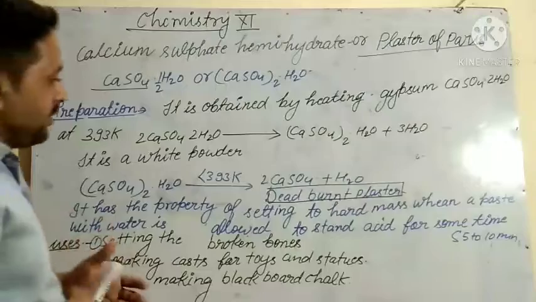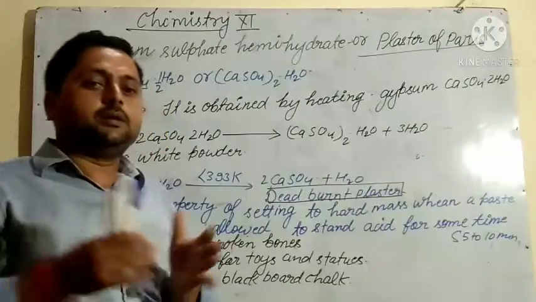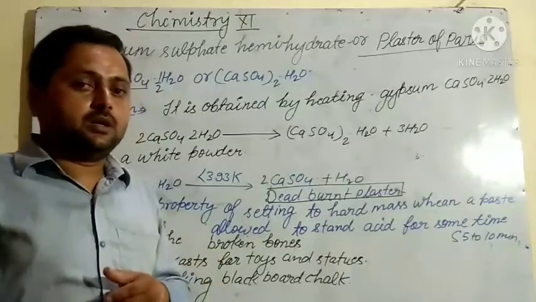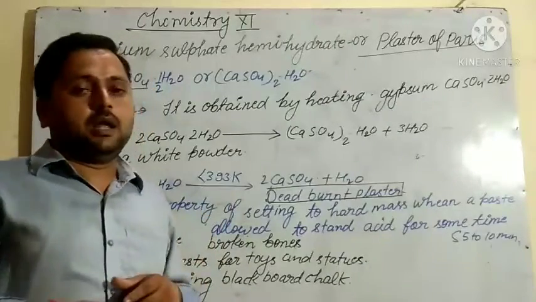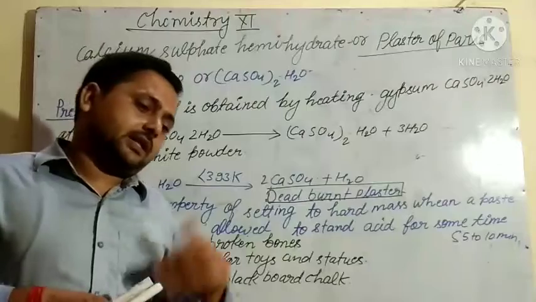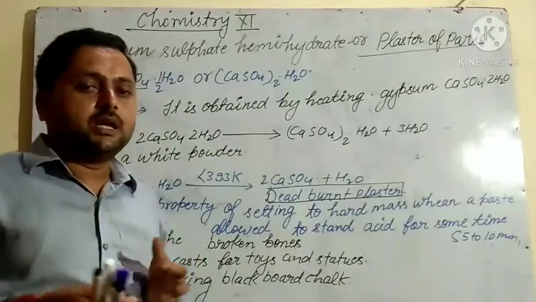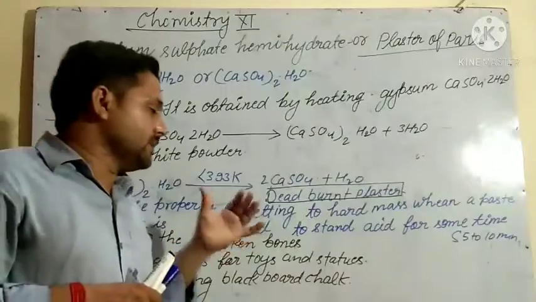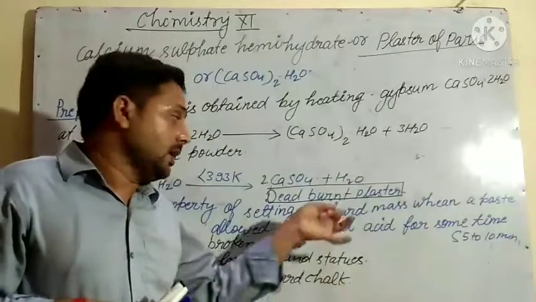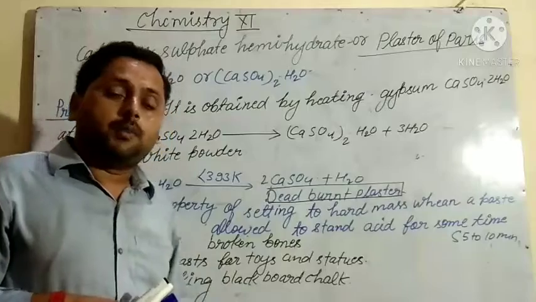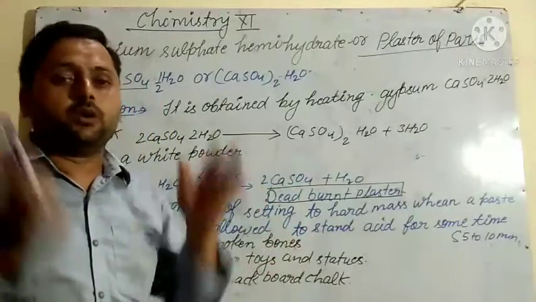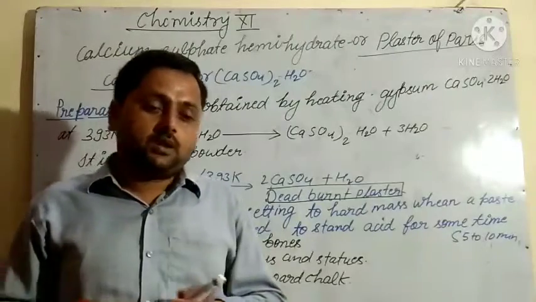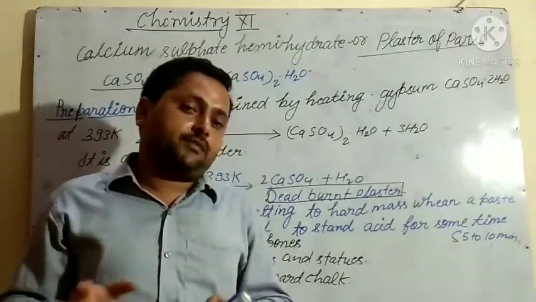Its special property is that when its paste is made with water and left for some time, 5 to 10 minutes, it hardens. Because of that, this is used for plaster of fractured bone. It has the unique property of setting.